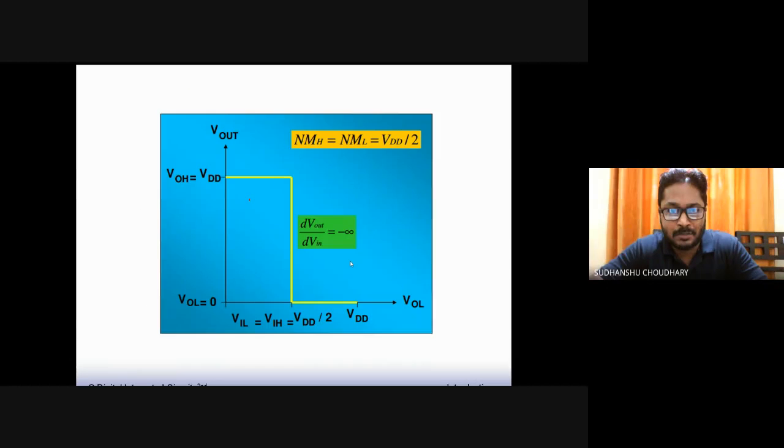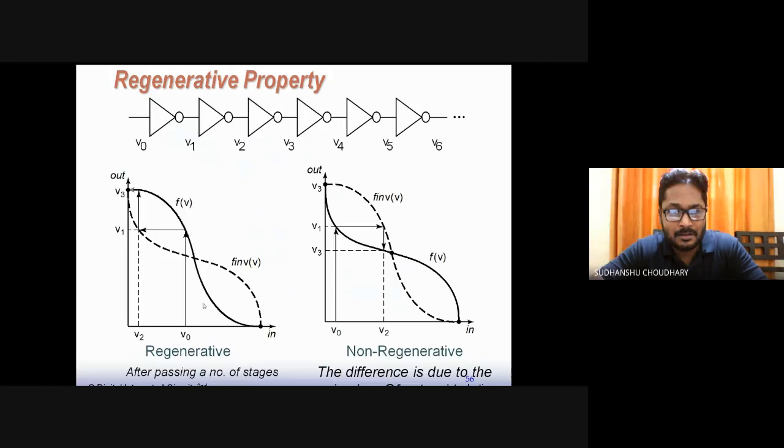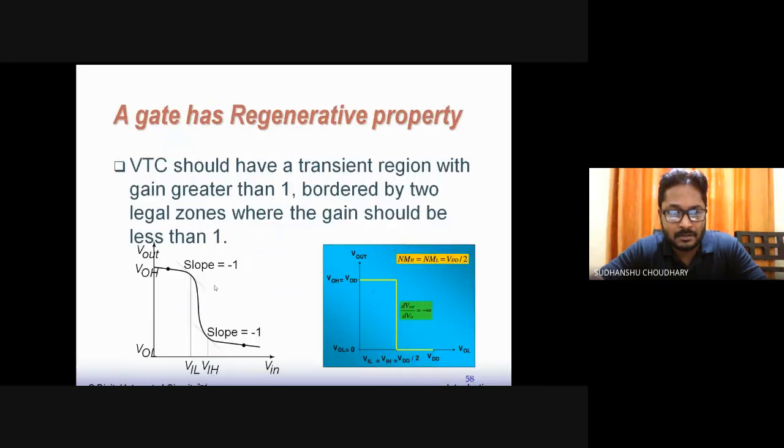We also talked about how to locate VOH, VOL, VIL and VIH levels on the VTC. We said that to find VIL and VIH, you need to locate a point on the VTC where the slope is -1.